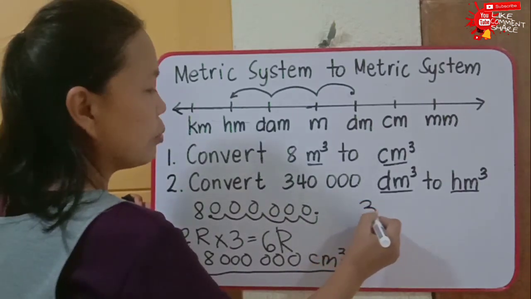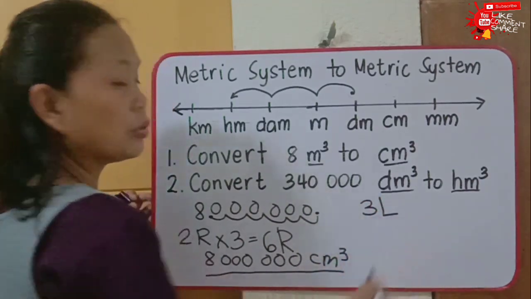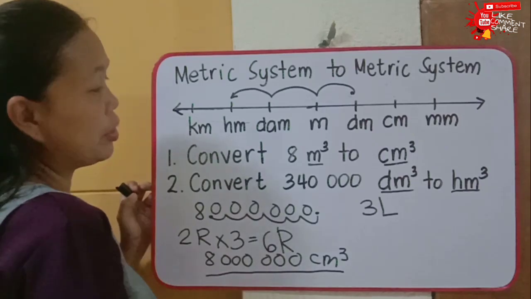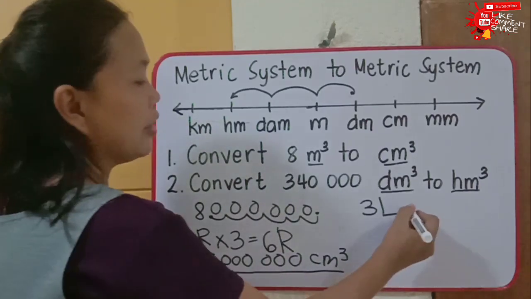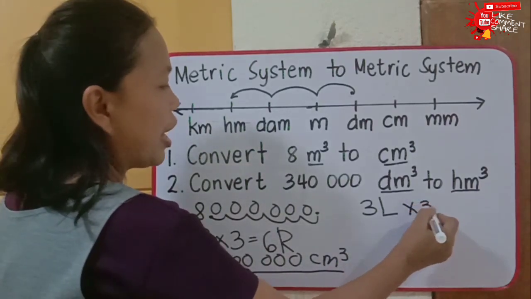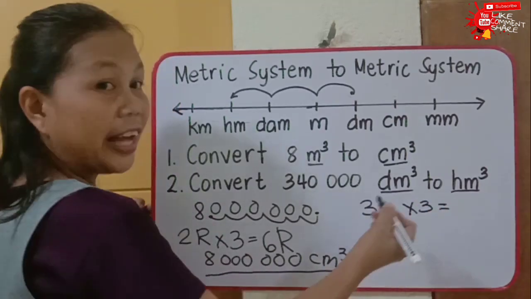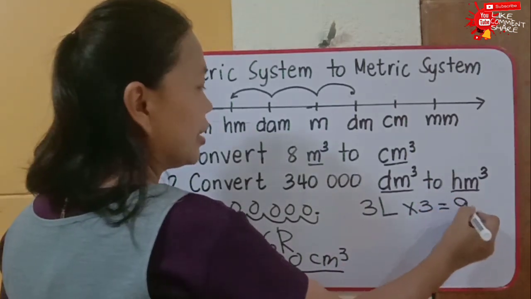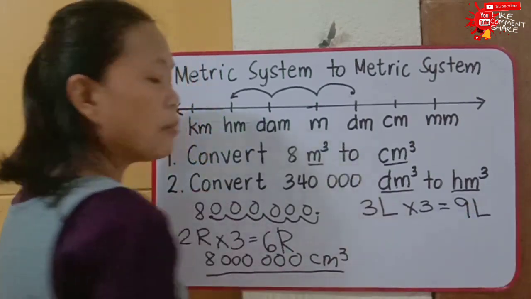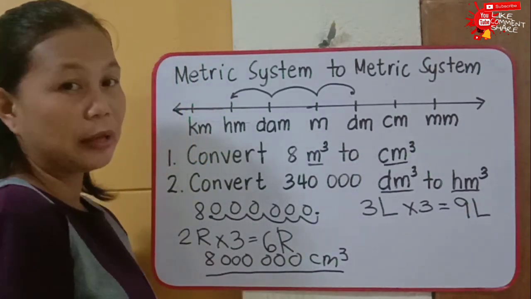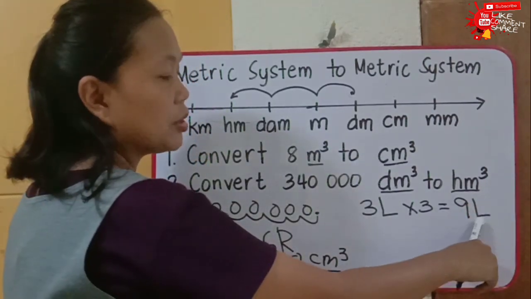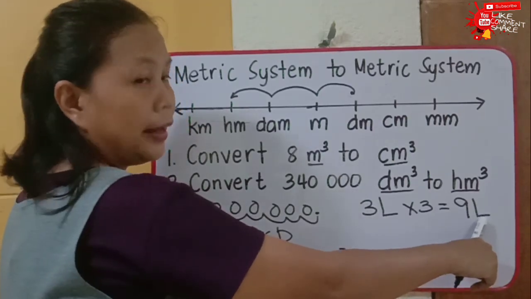Because we are dealing with volume, again, we will multiply it by 3. So 3 times 3 is 9. So the movement of the decimal point is 9 times to the left. Letter L means left.